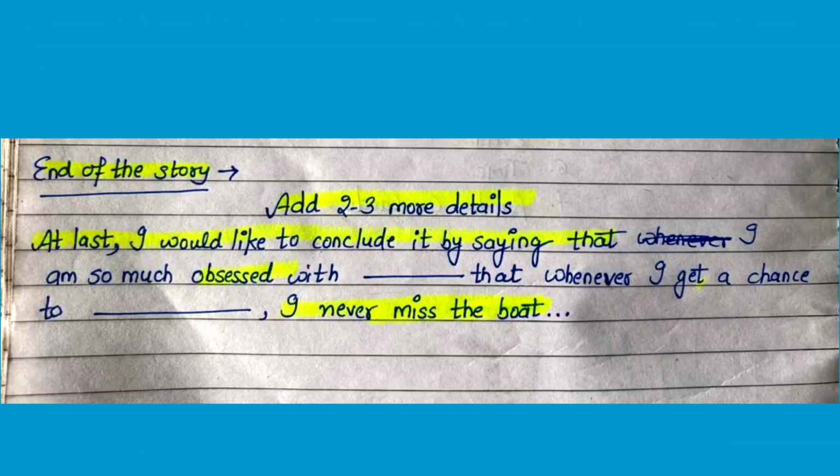Okay. And here comes the last part of the story. That is entirely optional. If you want to add 2 or 3 more features of the place, people, or anything, you can just add. Right. And after telling those 2 or 3 more details, you are going to conclude it. So that's what I have written in the conclusion.